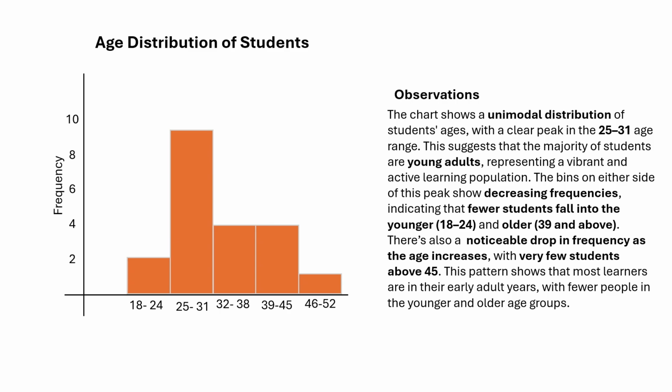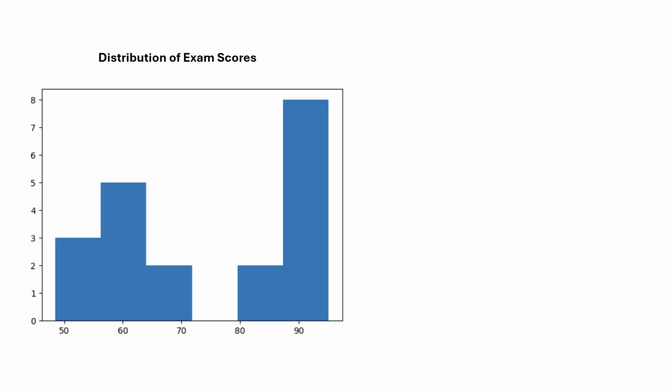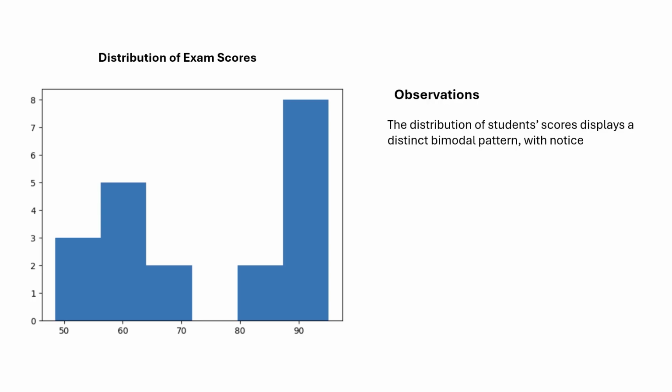We would typically follow this step to analyze continuous data too. I will skip to show the histogram of the exam scores of the students. As our custom is, visualize and comment. Let's go ahead and do that. My observation would be the distribution of student scores displays a distinct bimodal pattern with noticeable peaks between 55 and 65 and 88 to 99.